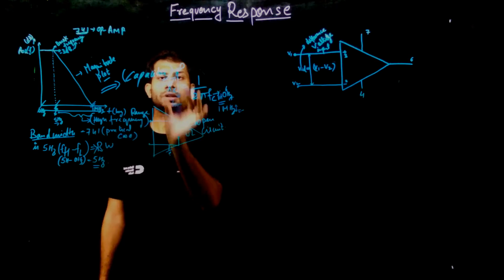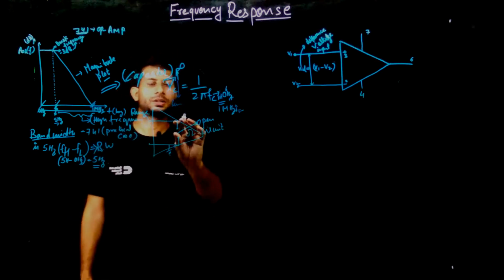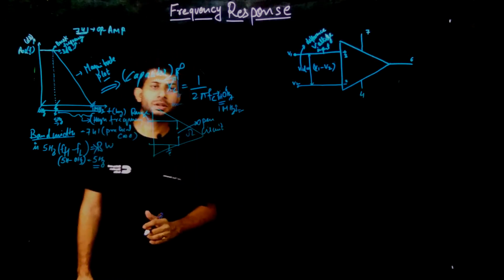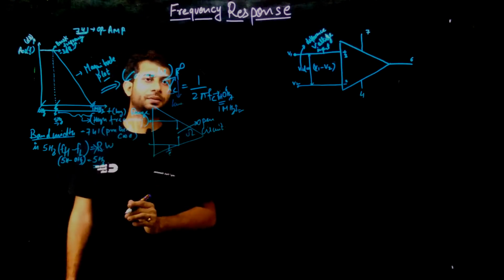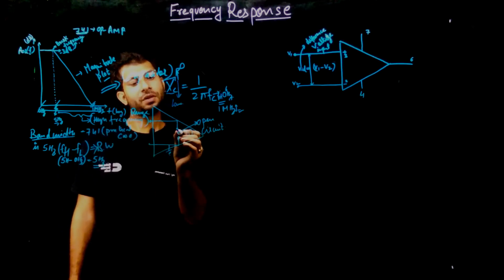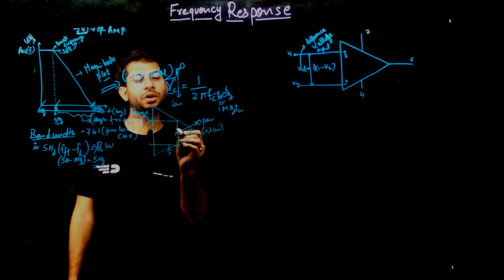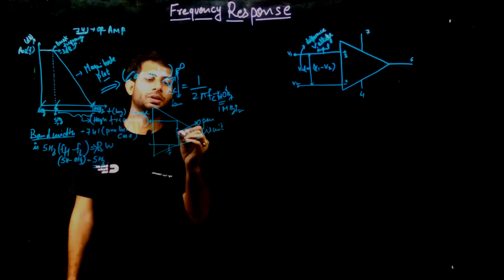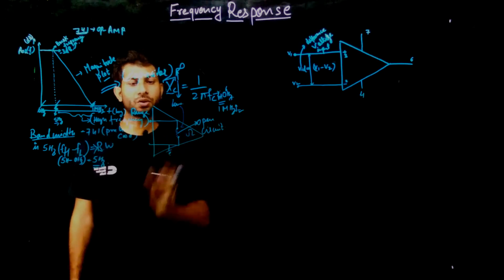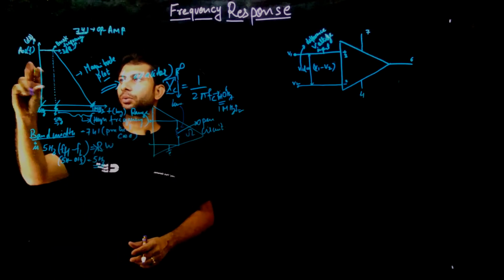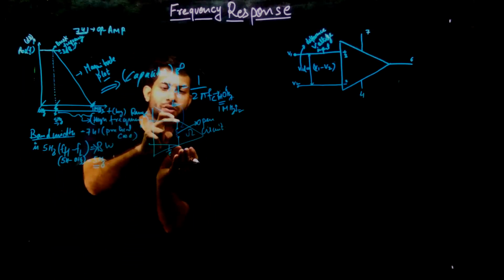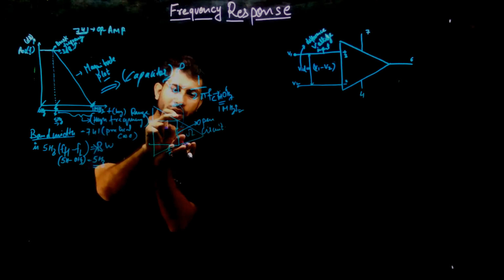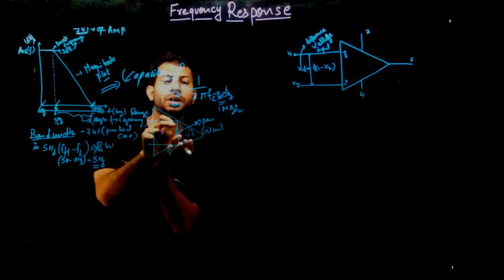That means the resistance offered by this capacitor will be very small, and because of this low reactance the voltage drop across this capacitor will be less.